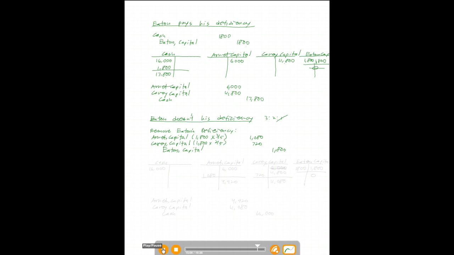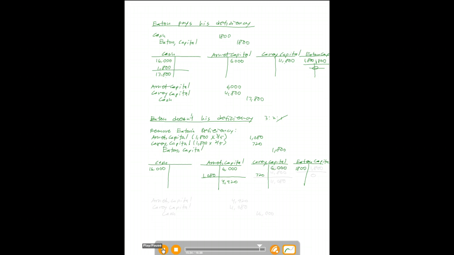And so after posting this entry, we post this, Arnett's Capital was 6,000 credit. You're going to debit for 1,080. So you're going to end up with 4920. Carrie's Capital was 6,000.